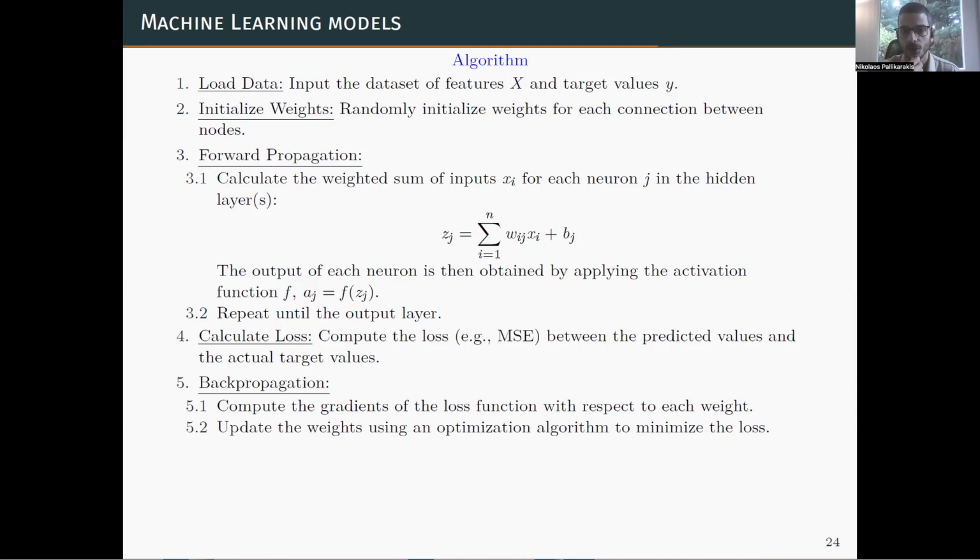And this is done by computing the gradients of the loss function with respect to each weight, these wij weights. And this optimization procedure is done with gradient descent type algorithms.